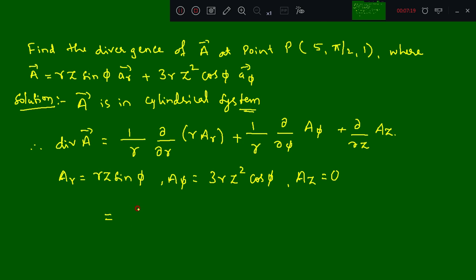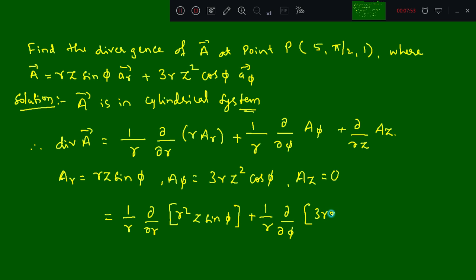I get 1 divided by r into d by dr of r times rz sine phi, which becomes r square z sine phi, plus 1 divided by r dou by dou phi of A phi, which is 3r z square cos phi. The Az term goes to 0, no problem.